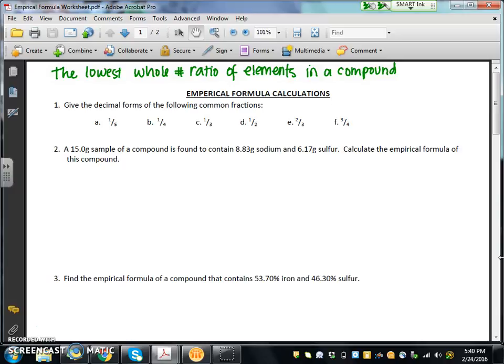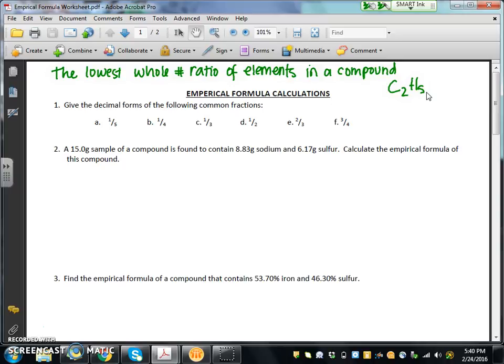What that means is when we have a compound, for example, C2H5, when I look at my subscripts, the 2 for carbon and the 5 for hydrogen, I know that I cannot reduce those numbers anymore, which means that C2H5 is the empirical formula.